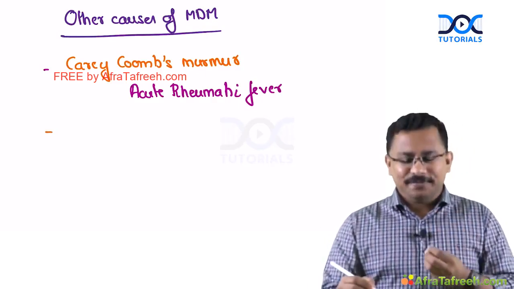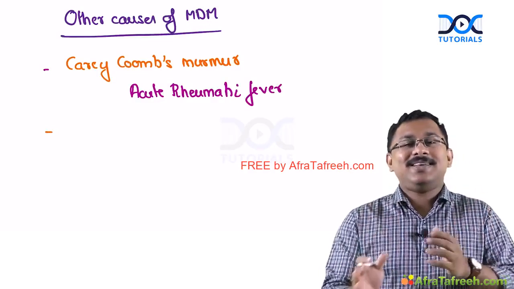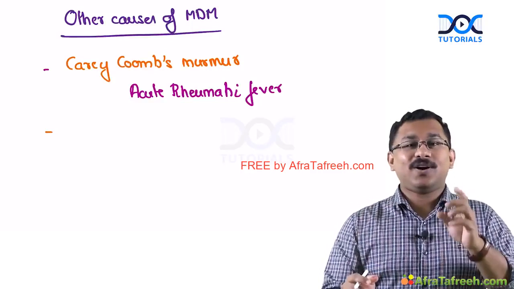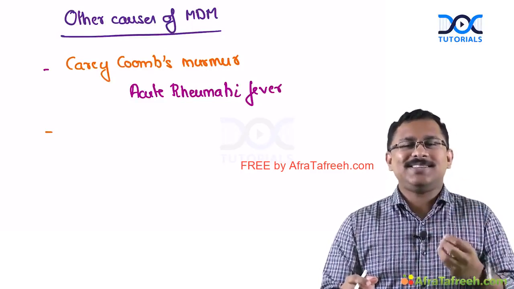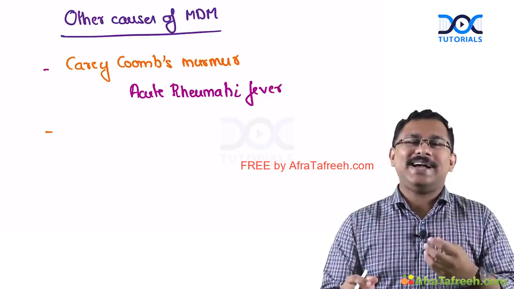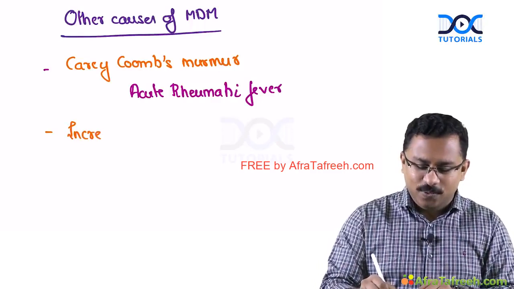Then you can have an increased flow MDM when there is an increased flow across a non-stenotic mitral valve. There is no stenosis, but the increased flow is resulting in an MDM.